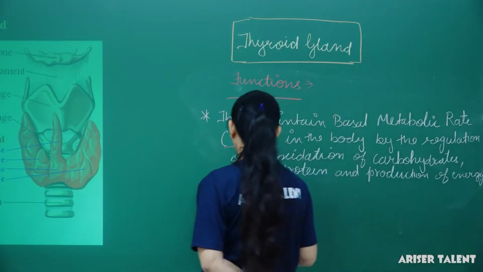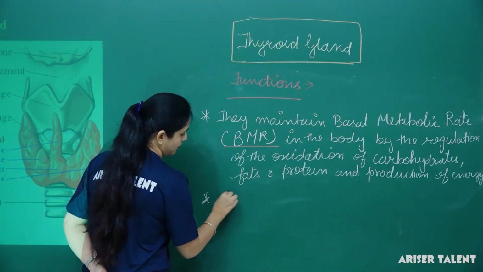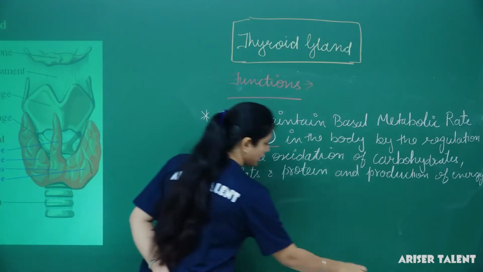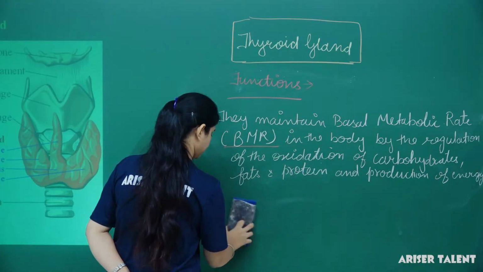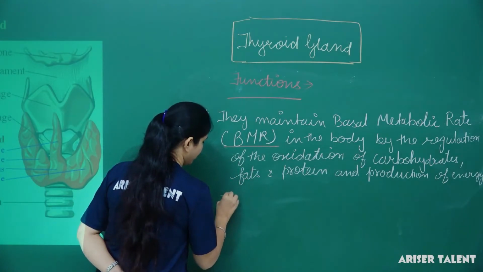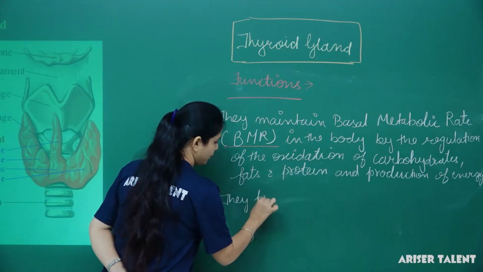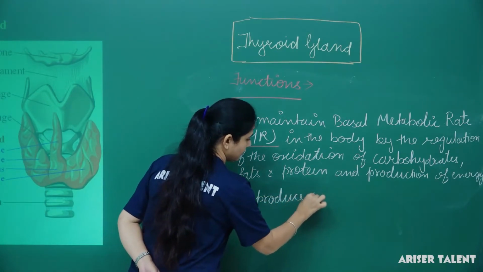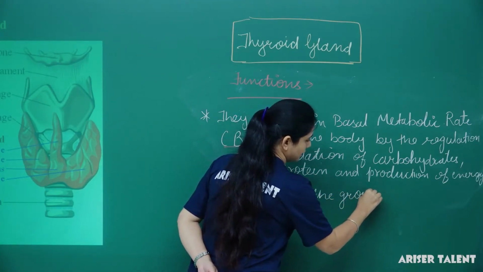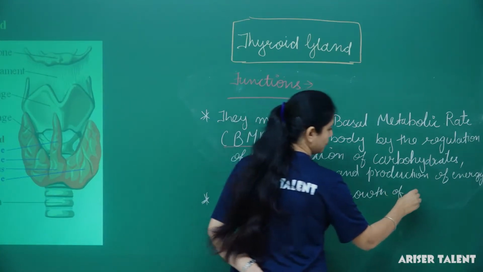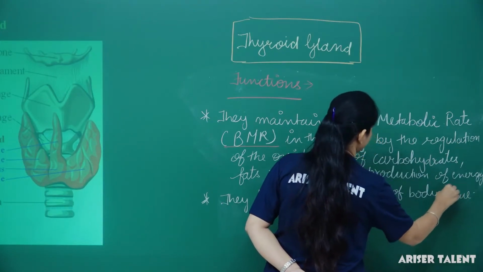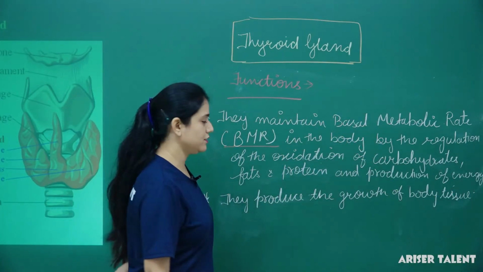Okay. Next is, these hormones, I must mention, they produce the growth of body tissues. We can write they or these hormones. They produce the growth of body tissues, as well as they cause the tissue differentiation.